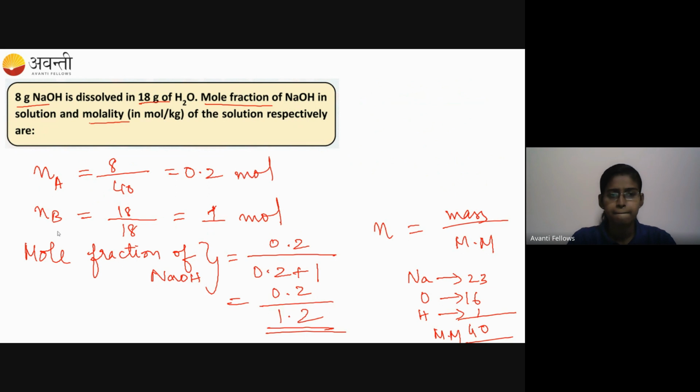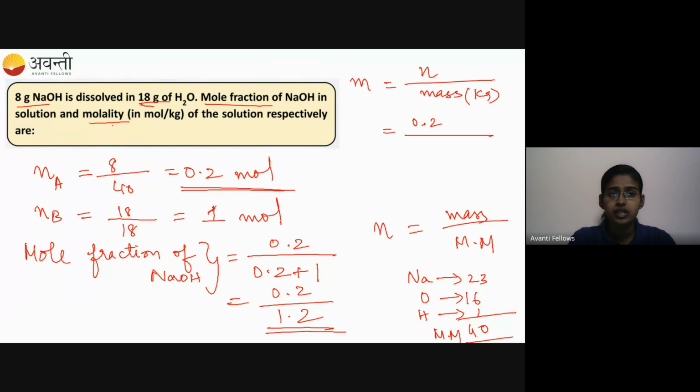Okay. So the formula for molality is number of moles of solute by mass of solvent in kilogram. NaOH is the solute, and the number of moles of the solute is 0.2 divided by mass of the solvent.